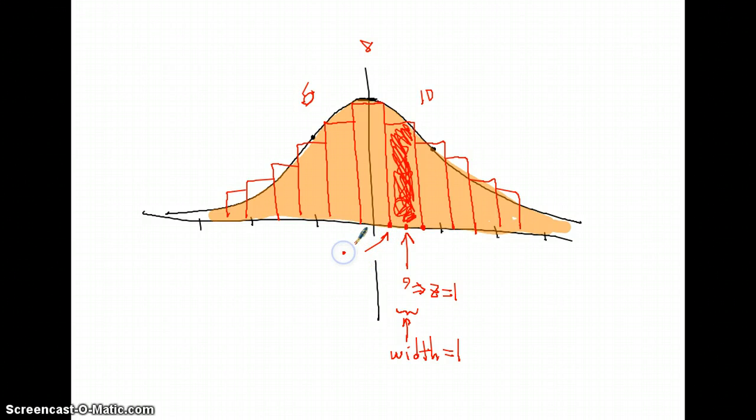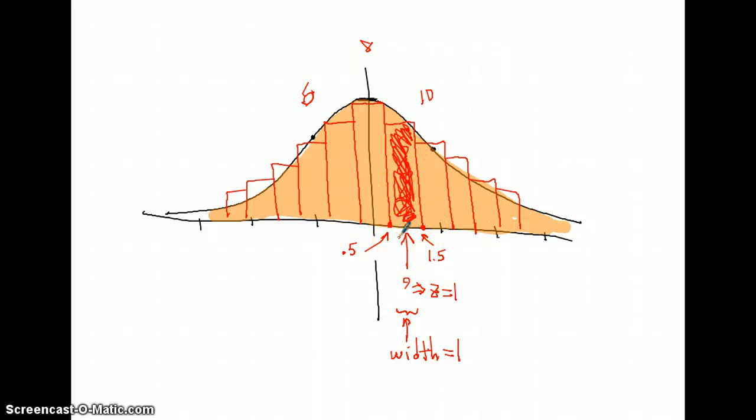If I knew that there was only one possibility in there, and I wanted to calculate it for a width of one possibility, I would calculate everything between 0.5 and 1.5. Even though that doesn't make sense for coin tosses, you can't have half a head or 1.5 heads. You can only have exactly that one number of heads. But this is how you make that adjustment.